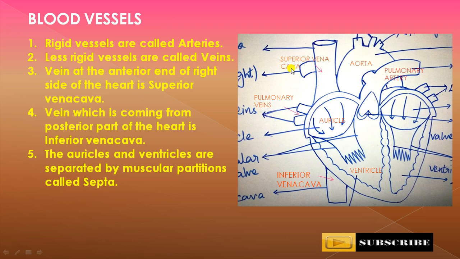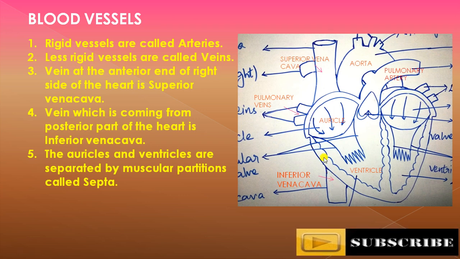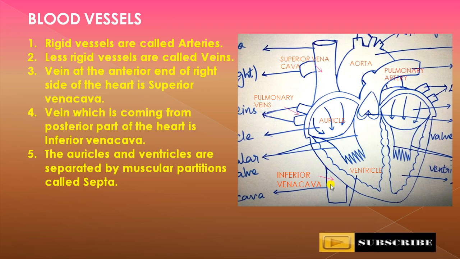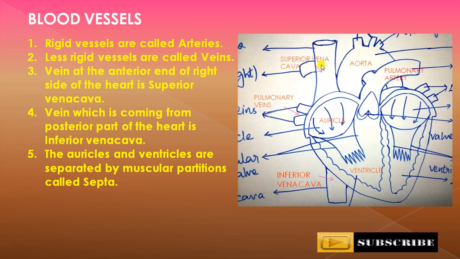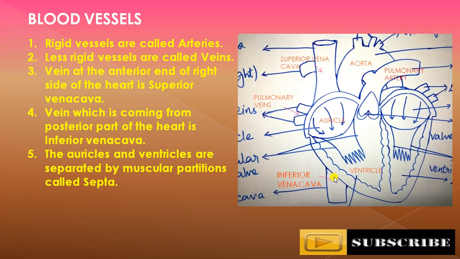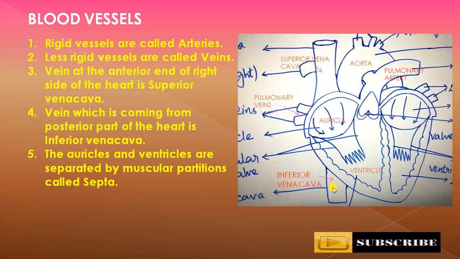The vein which is coming from the posterior part of the heart, the downside, is the inferior vena cava. So here superior vena cava and here inferior vena cava.